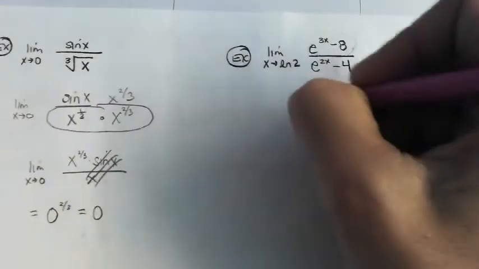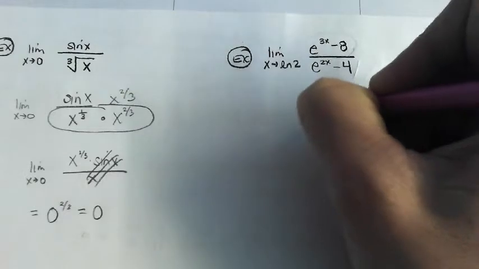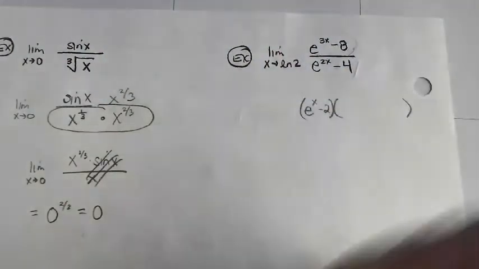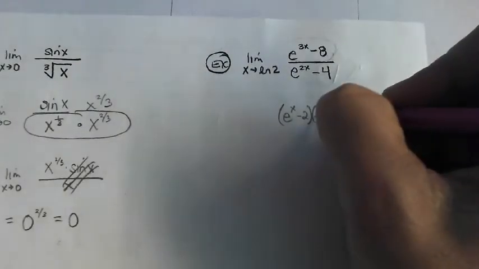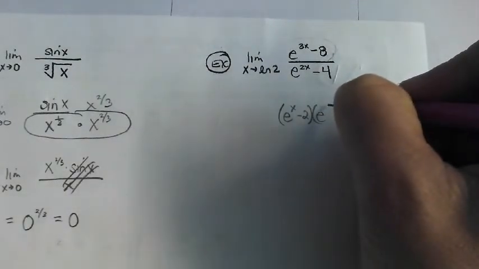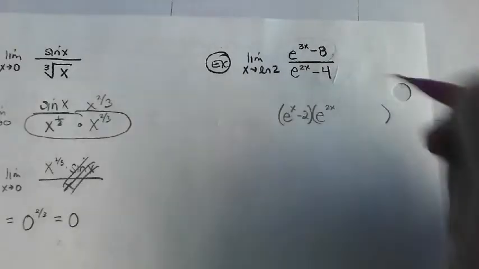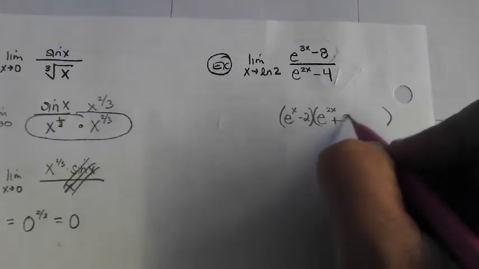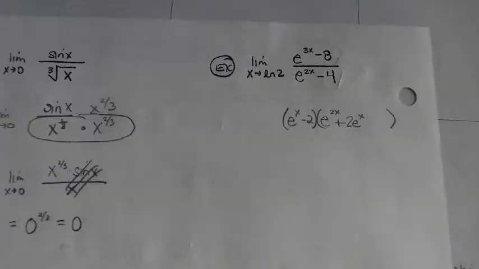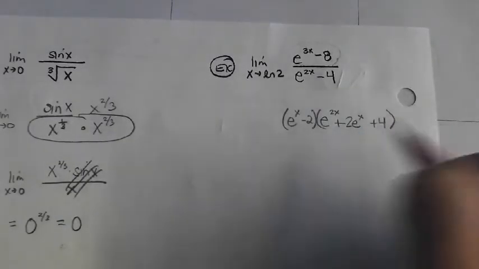Okay, so that numerator factors into e to the x minus 2 as the binomial if I'm doing difference of perfect cubes. This is e to the 2x. The middle term is plus 2e to the x, and our last term is 4.